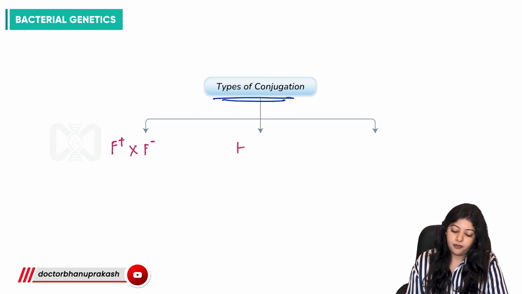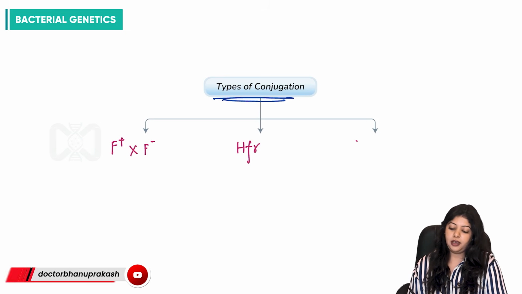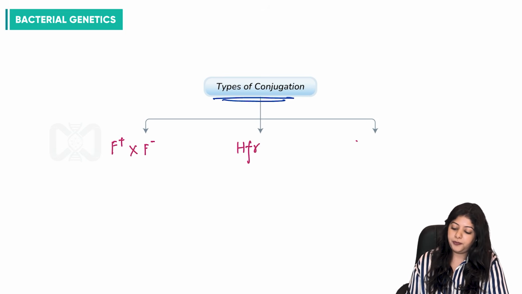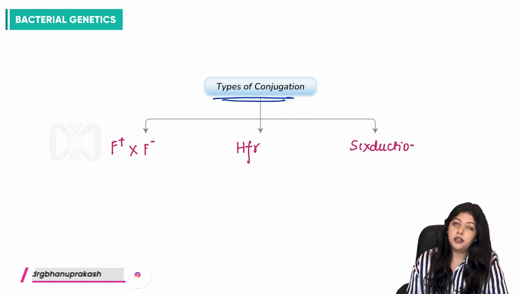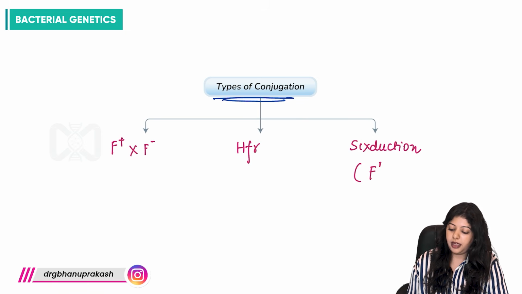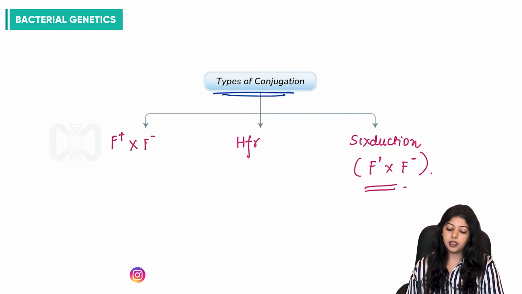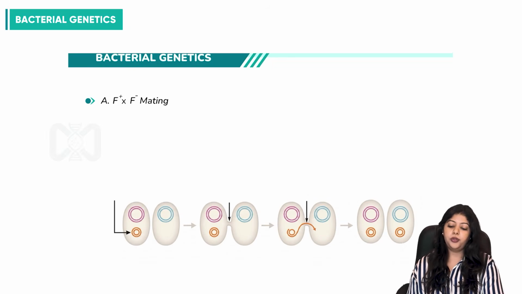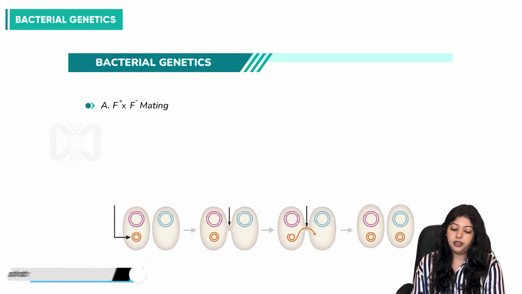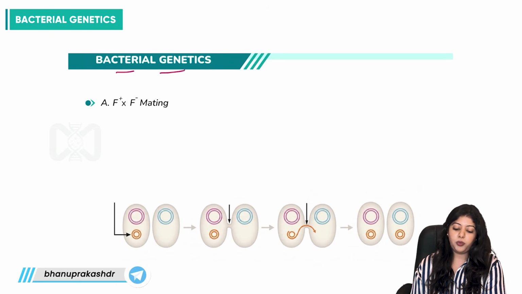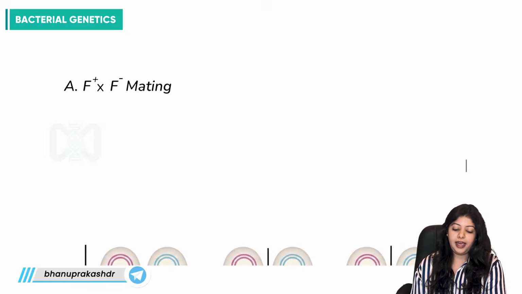Then we have Hfr, and the last one is sexduction, which is nothing but F prime into F negative, right?